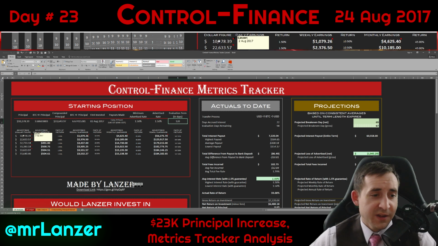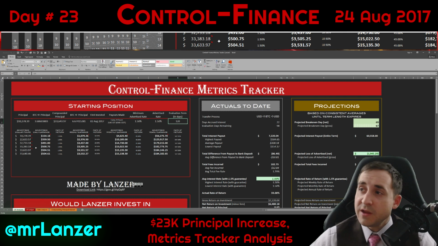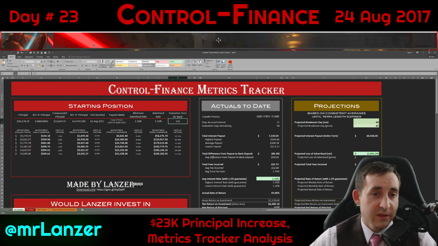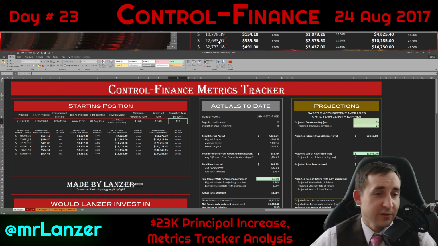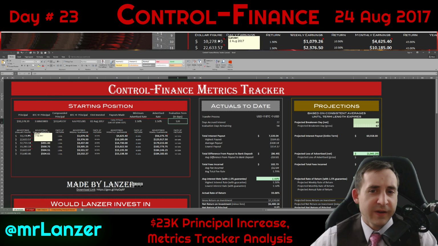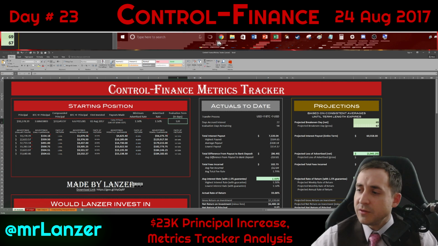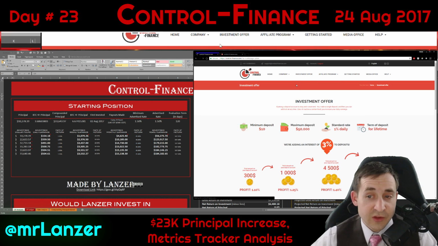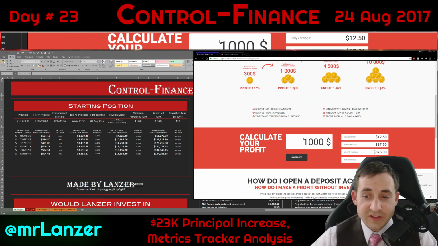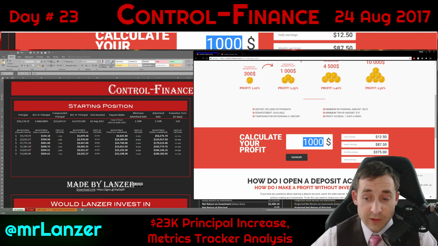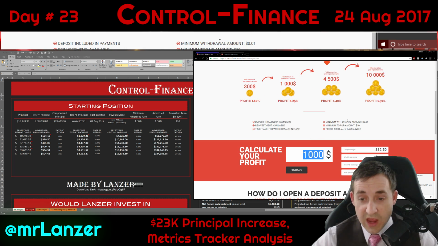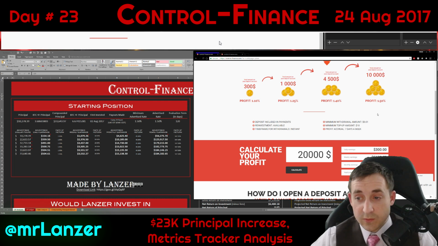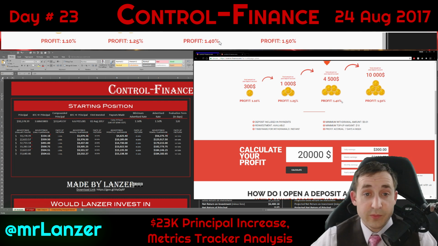Control Finance does things a little bit differently in that, because it's a true compounding interest sort of deal, this handy dandy little calculator they have here is actually very, very accurate in predicting what you're going to get depending on your profit percentage.